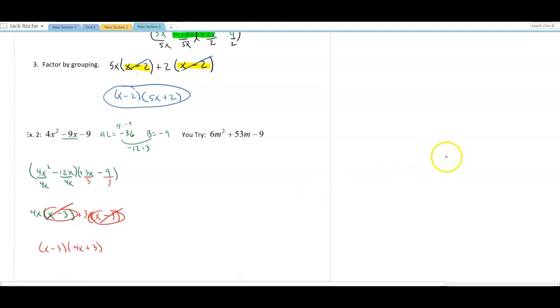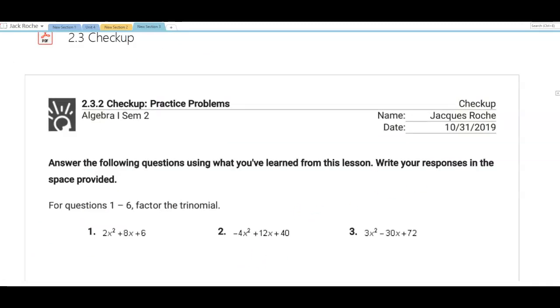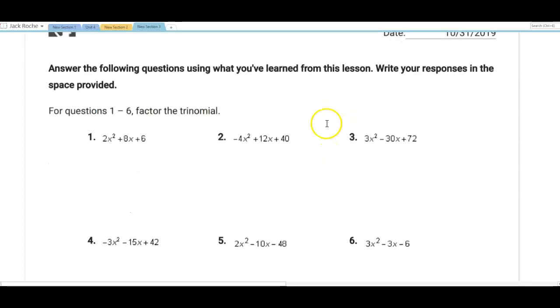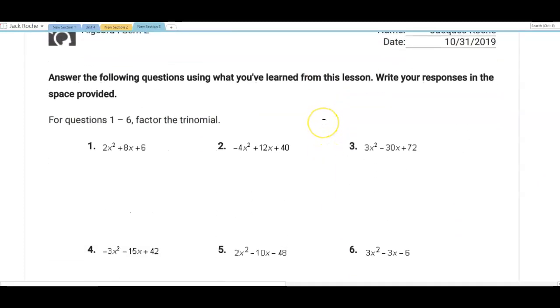Alright. I'm going to move ahead to the checkup because there's a lot of good problems in here. And we're going to talk about something else at the same time. So anytime we factor, the first thing we have to do, step 1, is look for a common factor.